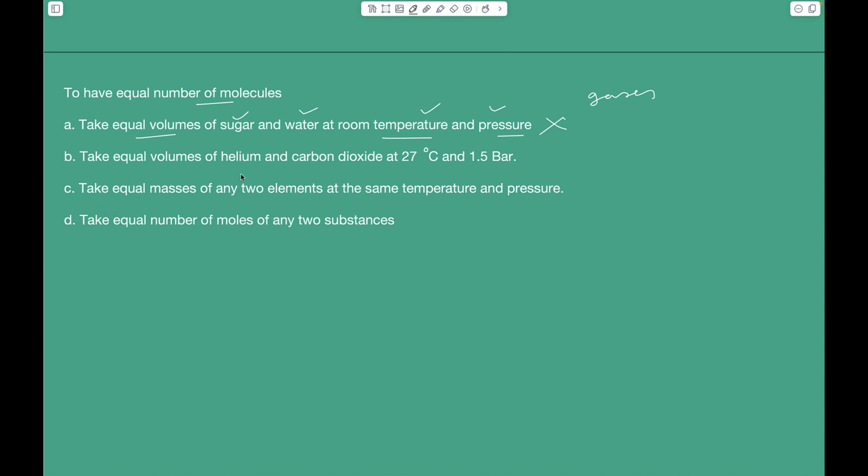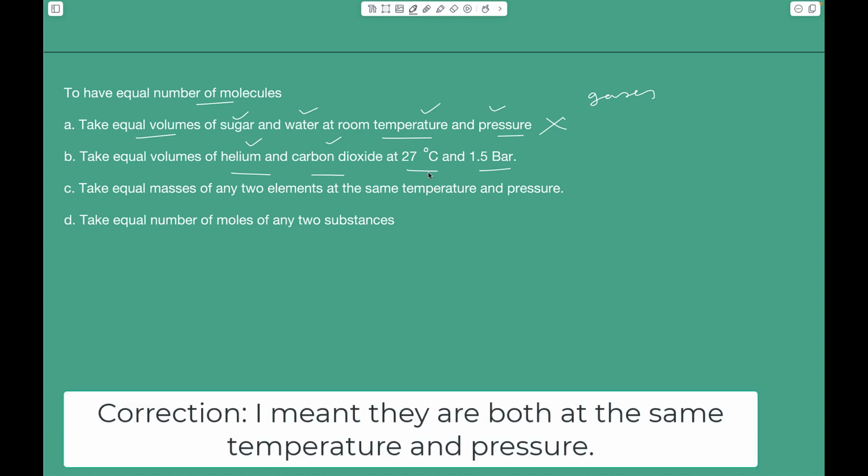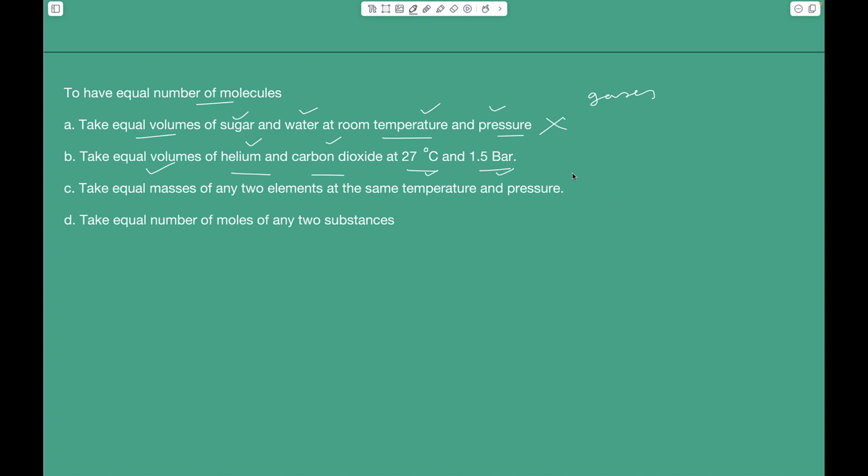Take equal volumes of helium and carbon dioxide at this temperature and pressure. See, helium and carbon dioxide are both gases, and we treat all these gases as ideal gases, and they are both at the same temperature and they both have the same volume. Then they must have the same number of molecules according to Avogadro's law.